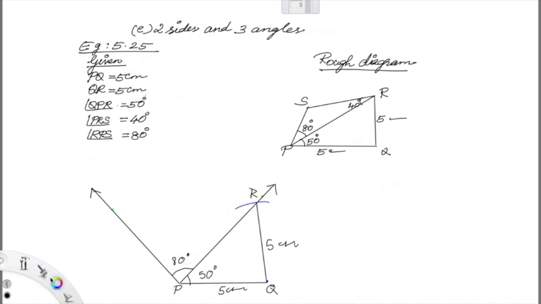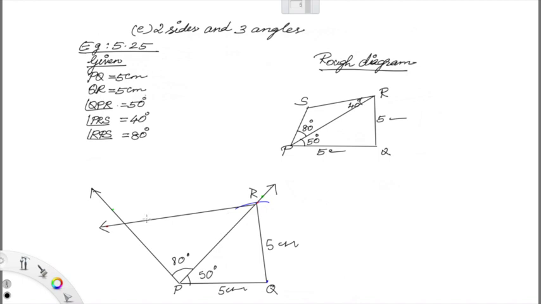Now keep your protractor at R, vertex R, that's on the line PR. And now you take 40 degrees. Measure 40 degrees. Join that. Put the arrow.